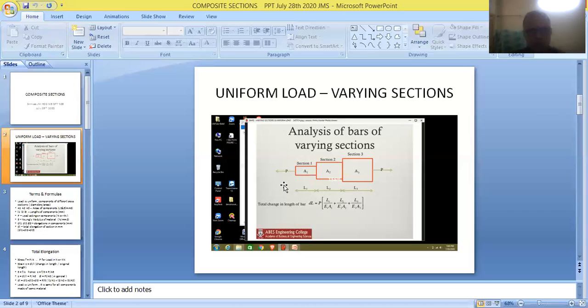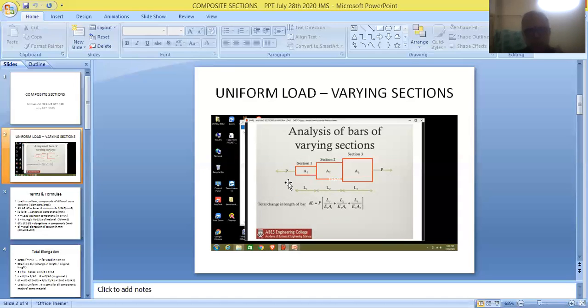So the load acting on the section in newtons, areas of components in millimeter square, lengths of components in millimeters, and E values, Young's modulus values, in Newton per millimeter square.